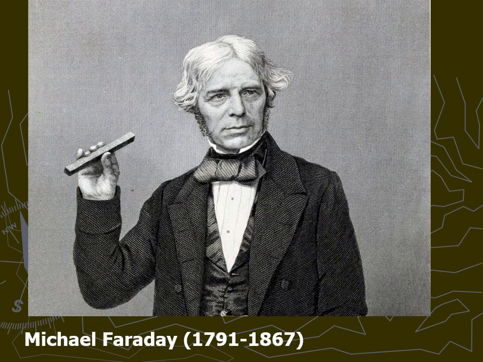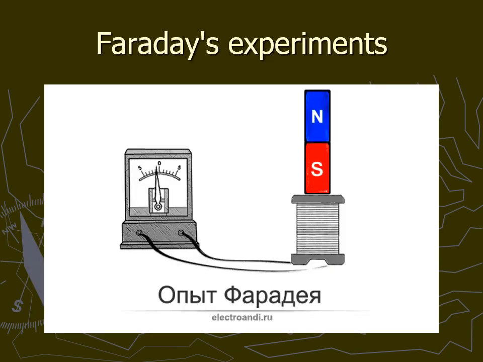Here we have a portrait of Faraday. You can see the years of his life. That is, his discoveries were made quite a long time ago. And here is another illustration that also shows this. The magnet is moved relative to the closed circuit, and according to the device, we can observe a change in the magnetic flux.